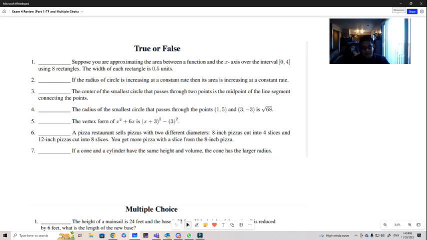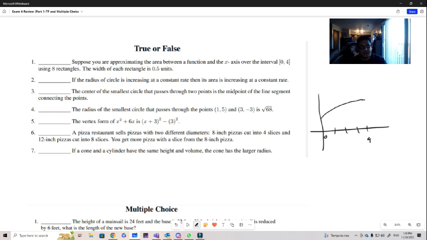Okay. The first question says, suppose you're approximating the area between a function and the x-axis over the interval 0, 4. So you have a situation where you have the interval 0 to 4, something like this, and you're checking over a certain function.